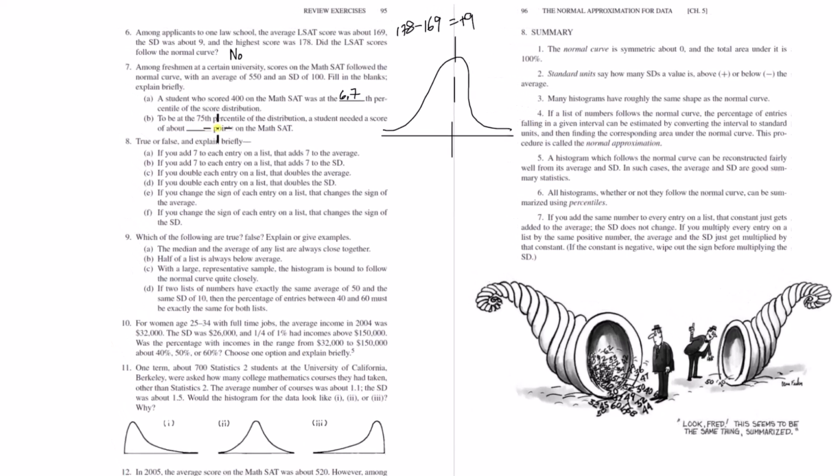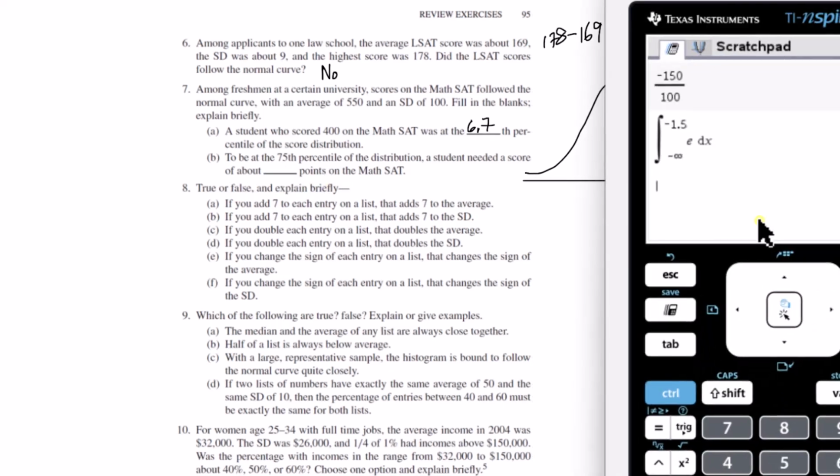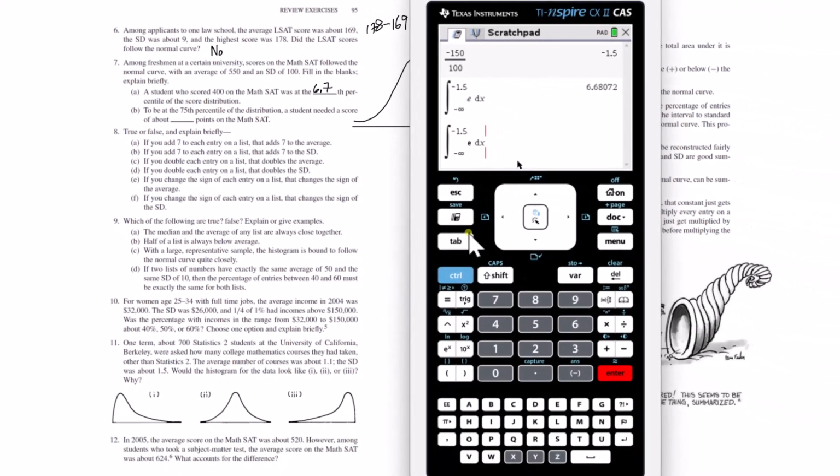To be at the 75th percentile of the distribution, a student needs a score of about what on the math SAT? All right, so the 75th percentile: we want to calculate some number z. We don't know what z is.